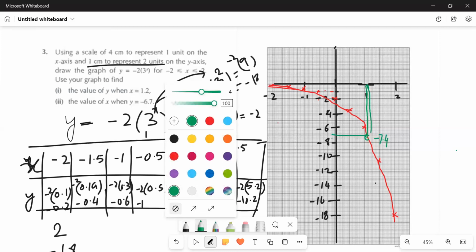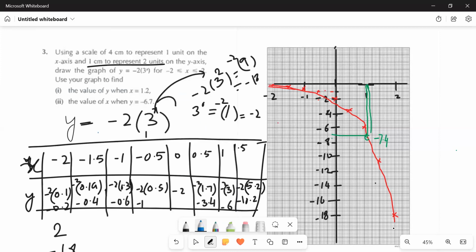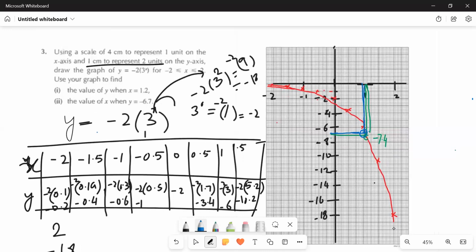It will be here. 6 point, this one is 7, so this one is 6.7, a little up. Then we will draw a line here. So we got X value is 1.1. We are getting X value is 1.1. This one is the Y value and here X is 1.1. Okay, so these are the points.